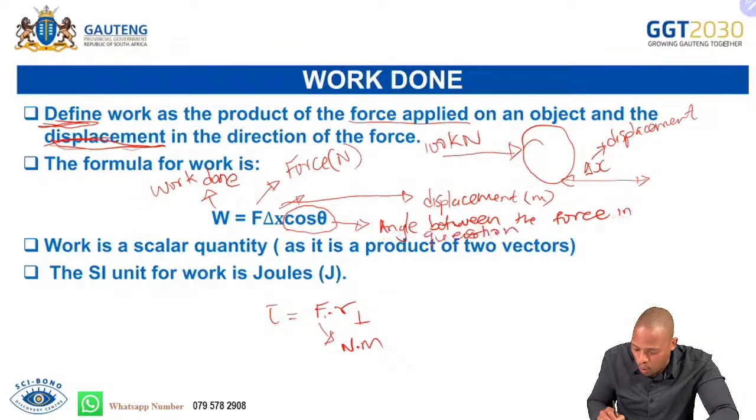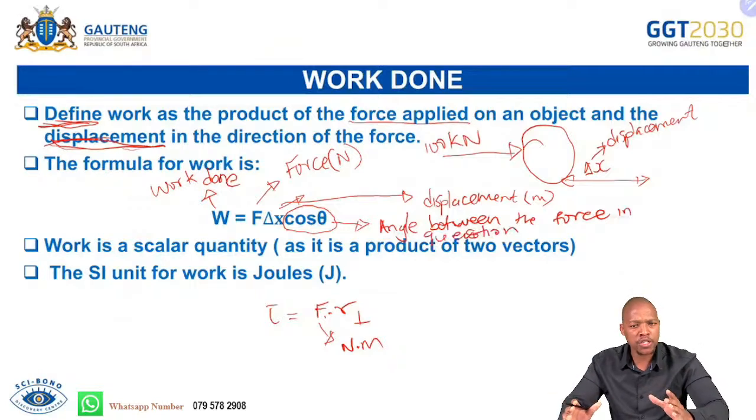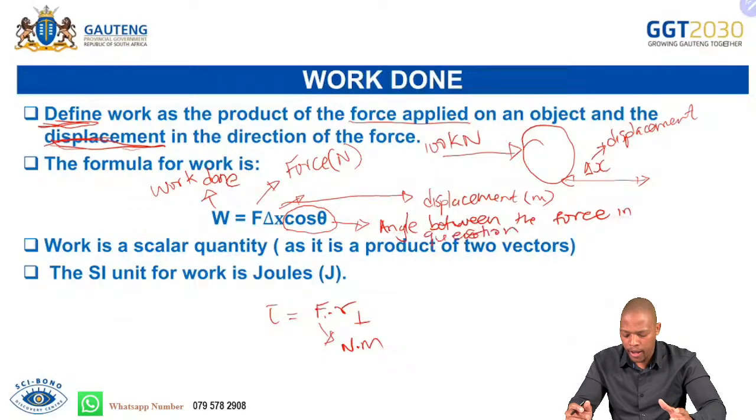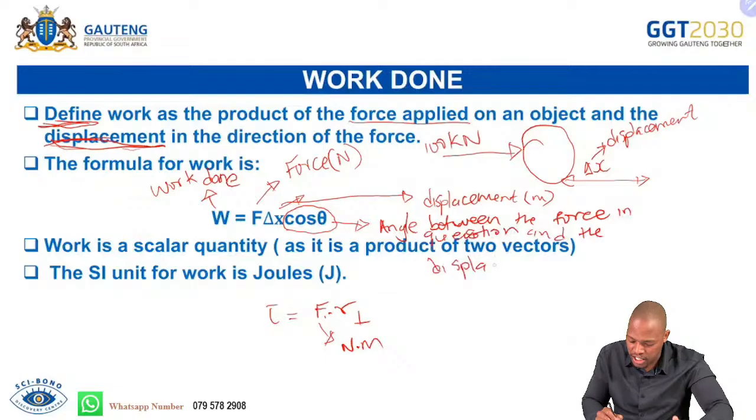The force in question. This is where it becomes very important to identify those forces, to say, okay, which force is doing the work, or which force do I want the magnitude of the work done from? Okay, that will be your force in question in that case. Now you have to check the angle between that force in question and the displacement. That's where you get how much theta is.